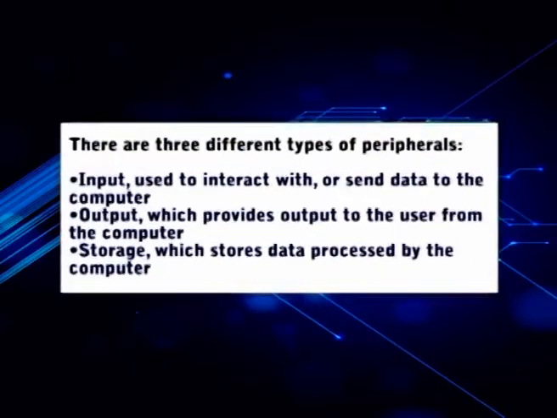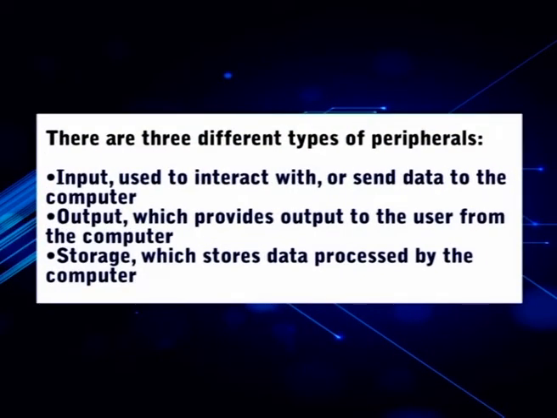There are three different types of peripherals: input, used to interact with or send data to the computer. The second one is output, which provides output to the user from the computer, and the third one is storage, which stores data processed by the computer. Some of these input output devices are very common and some are used rarely.